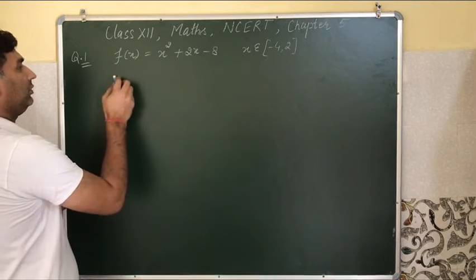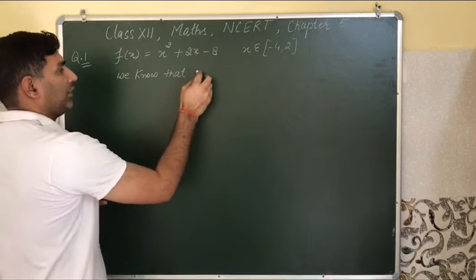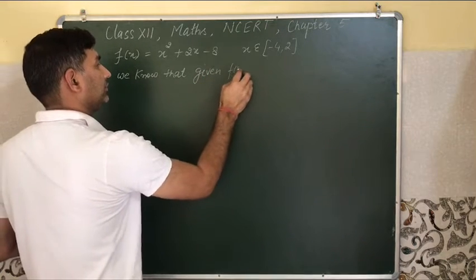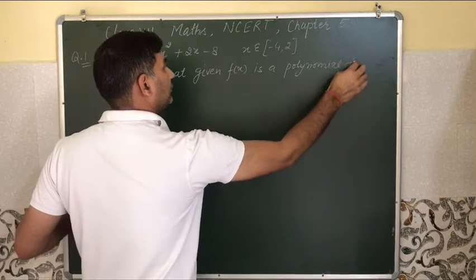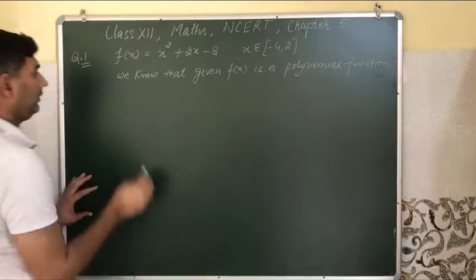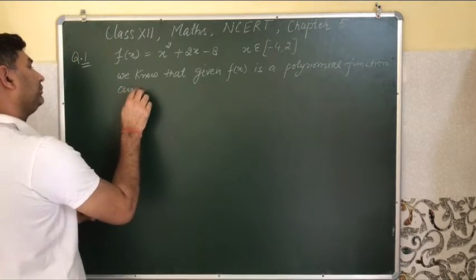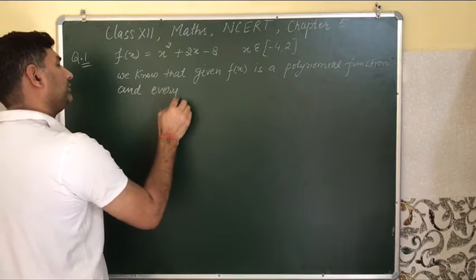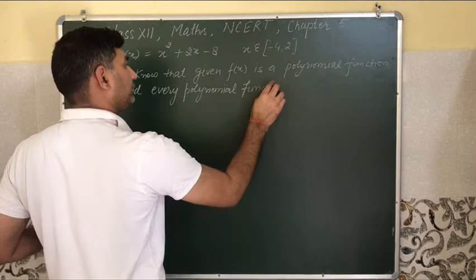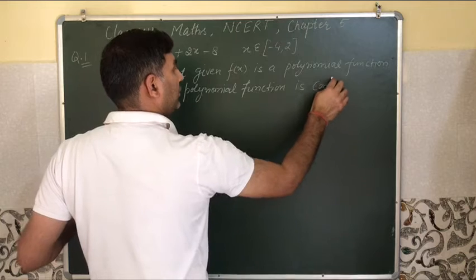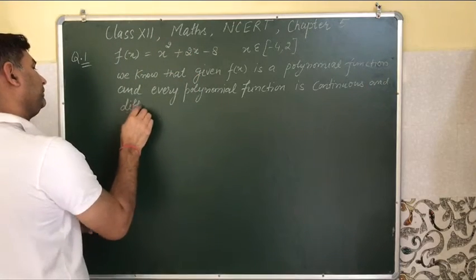Given f(x) is a polynomial function, and we know that every polynomial function is continuous and differentiable everywhere.